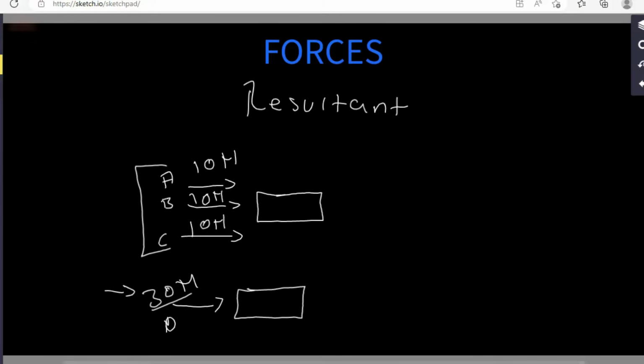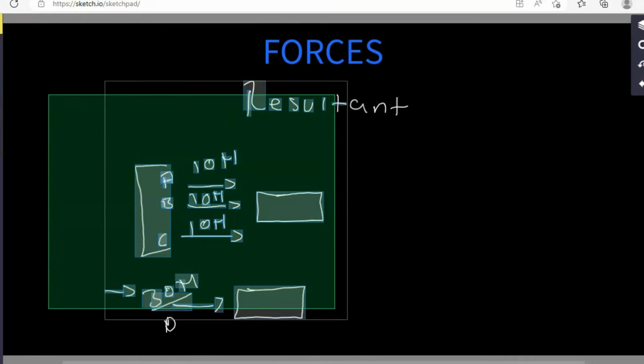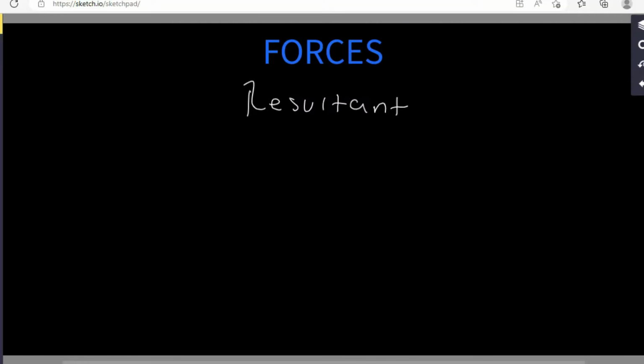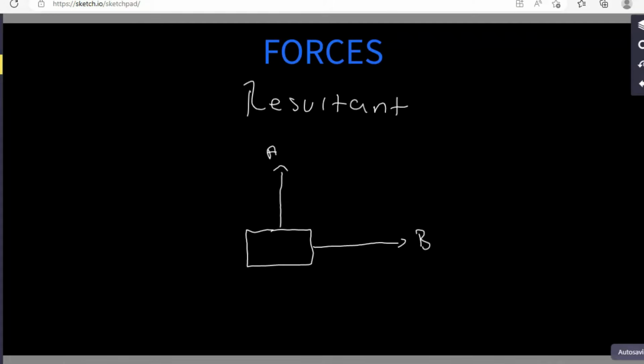Let's look at another scenario. We have two forces applied on an object again. We have a force in that direction. We also have a force in that direction. This is force A. This is force B. We said resultant is a single force that can replace two or more forces and still produce the same effect. First, let's start with these forces.